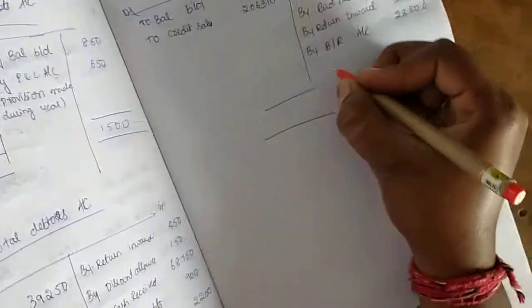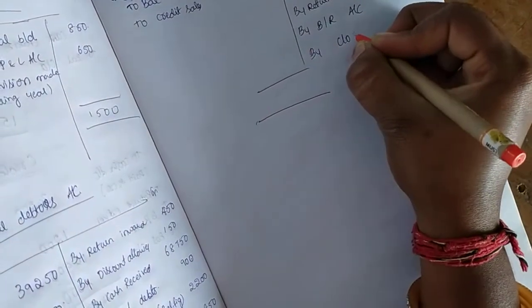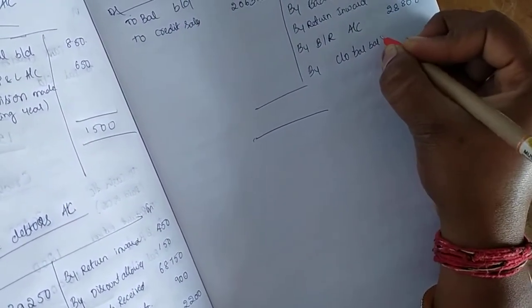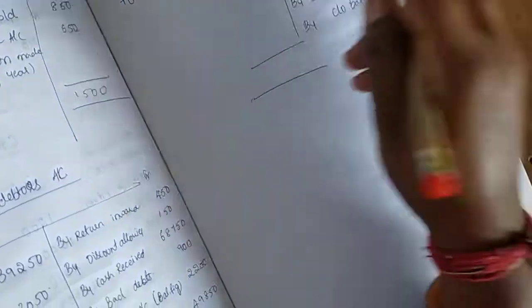So here this will be by closing balance or balance carried down, because here opening balance is given.